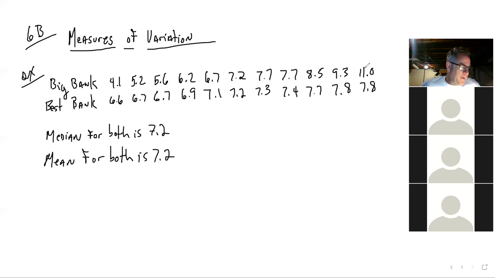So now, what is the deal? Why do we have this difference in variation? At Big Bank, there are 3 lines. So a customer comes in and they're going to choose one of 3 lines, and they jump in one of those 3 lines. And so what happens is some lines move faster than others.